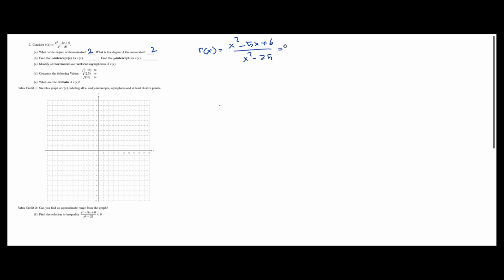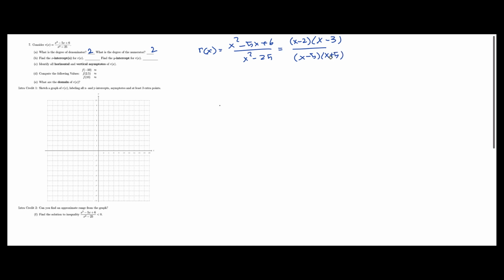Factor them out. Here, two numbers multiply to be 6, and they add up to be negative 5, and that's x minus 2 times x minus 3. And here, it's a difference of squares, so x minus 5 times x plus 5.